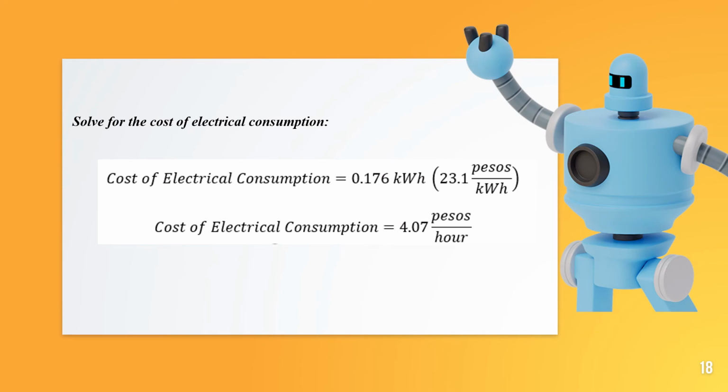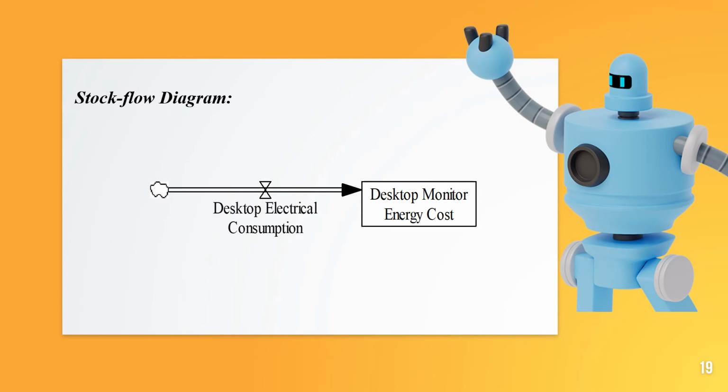First, we solve for the cost of electrical consumption. So we use the power, which is equivalent to 0.176 kilowatt hour, multiplied by 23.1 pesos per kilowatt hour, which is the energy cost in pesos per kilowatt hour. So we get the product of 4.07 pesos per hour. We will be using this in the equation in our stock and flow diagram.